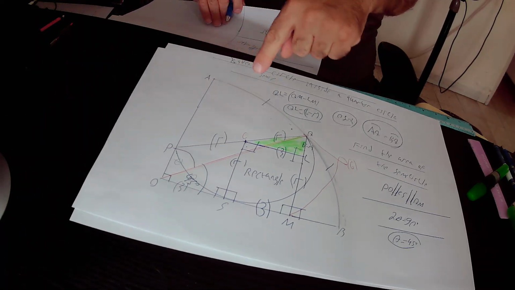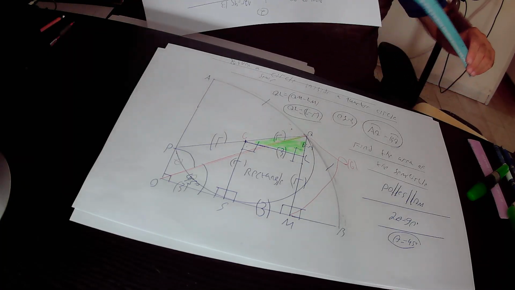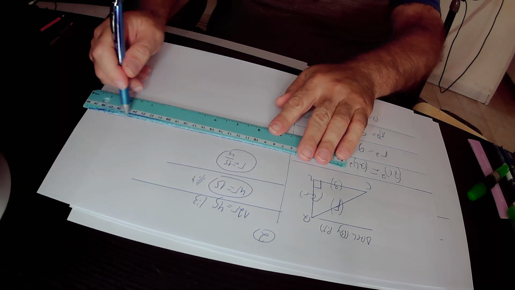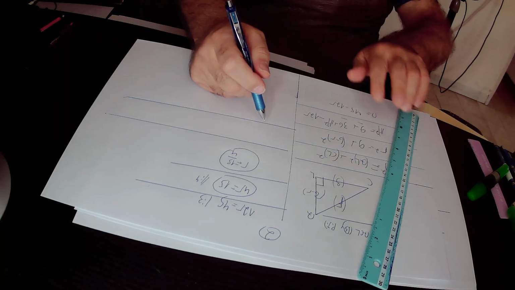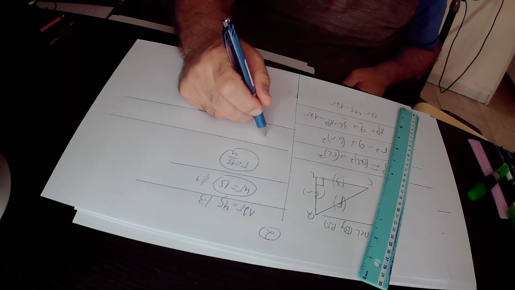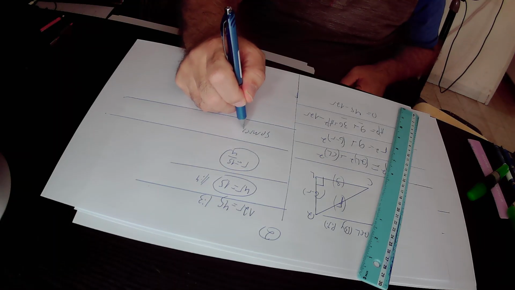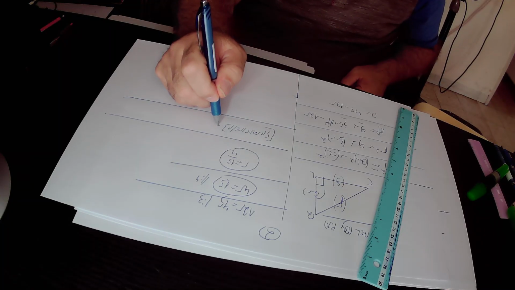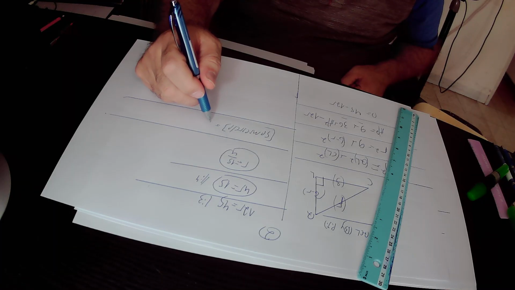Our task is to find the area of this semicircle. Actually, the area of a semicircle equals half the area of the circle, that is to say it is pi r squared over 2.